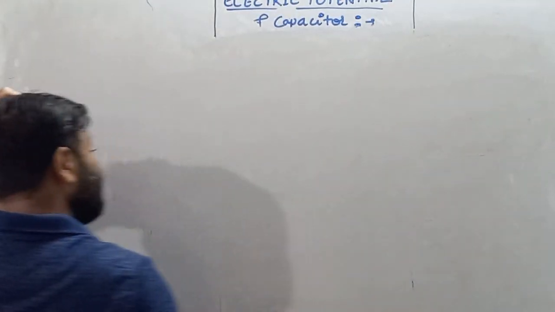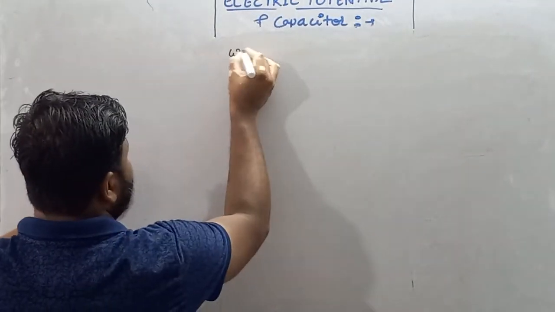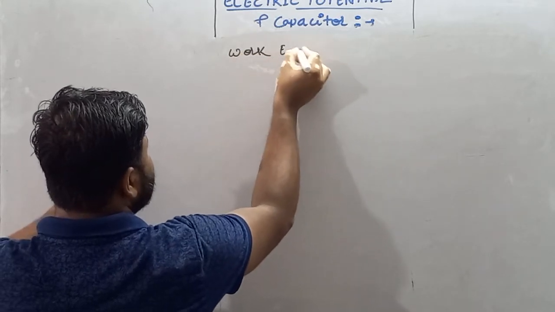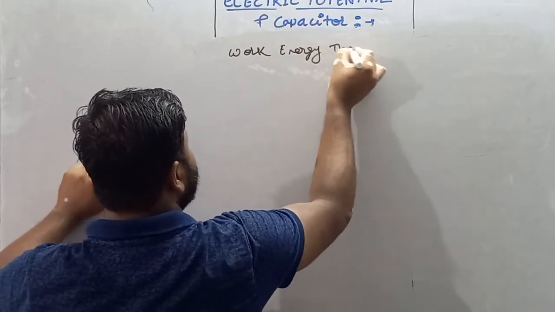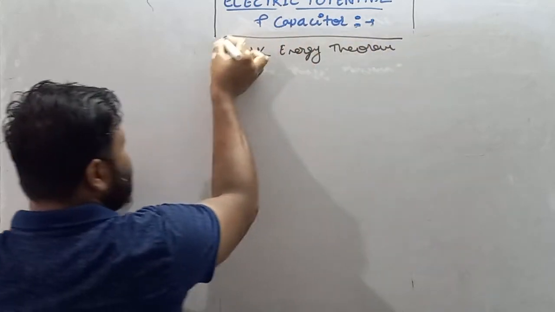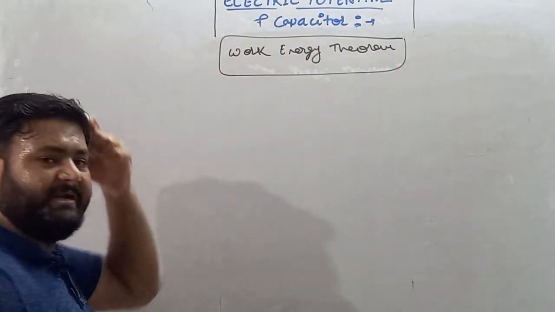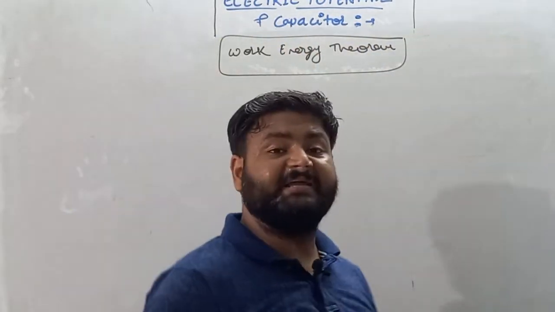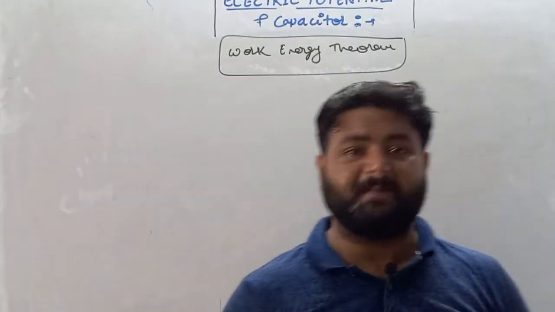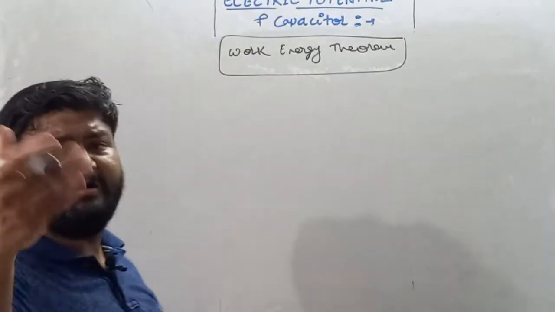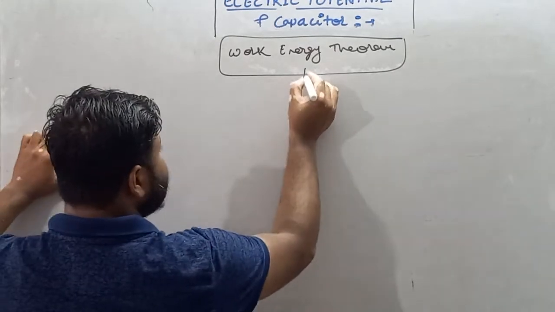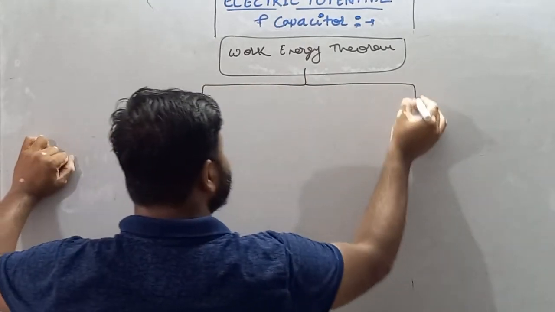This is only a concept, not part of this chapter, my dear student. This topic is covered in first year in the chapter work, power, energy, but I'll give a quick revision. Work energy theorem is characterized into two parts.